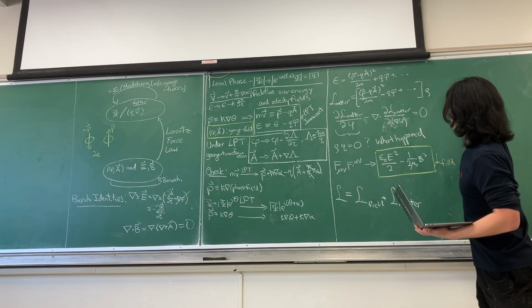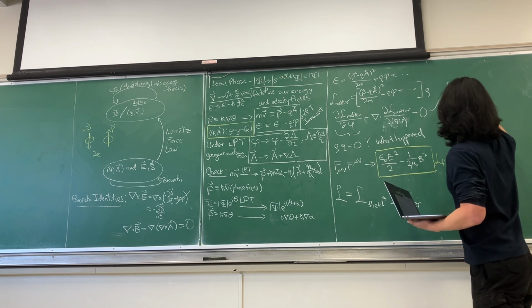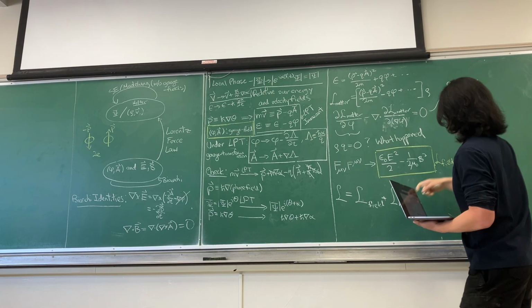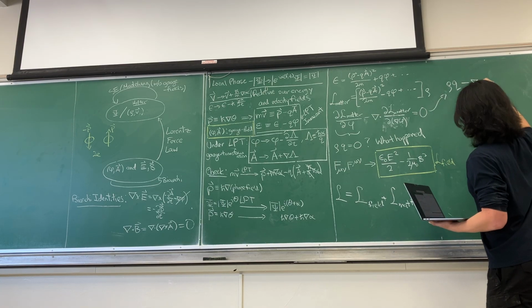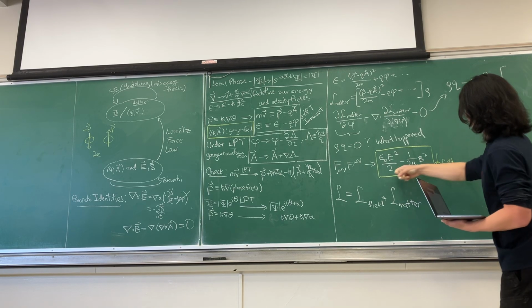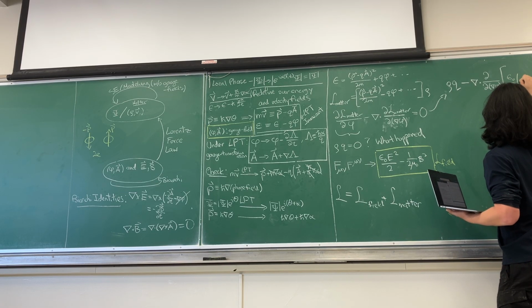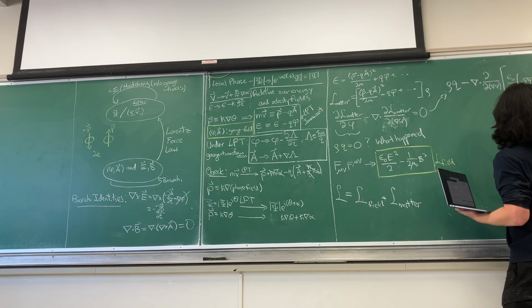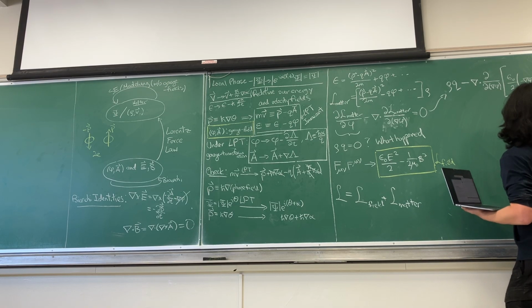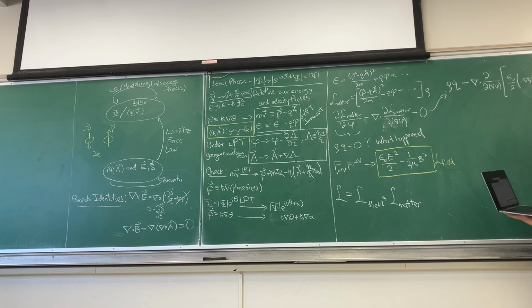Yes, so I get rho q minus the divergence of this thing, which I can write as the partial with respect to the gradient of phi of epsilon naught over 2 times (minus grad phi minus partial A partial t) squared plus 1 over 2 mu naught B squared. B doesn't include phi at all, so I won't even include that. The only thing that matters here is this.